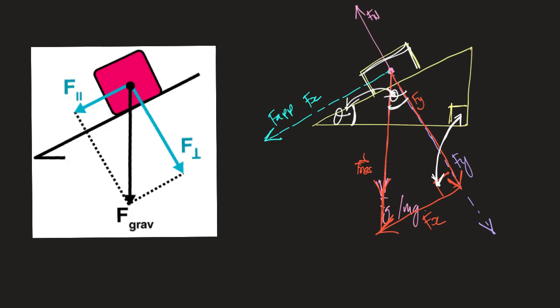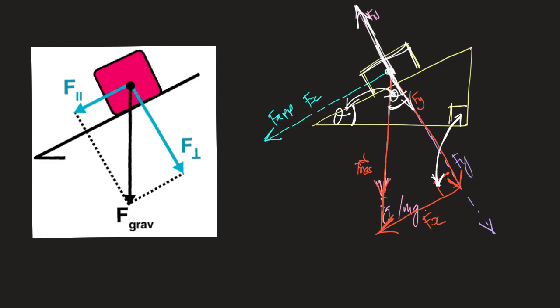So when I'm looking at this type of setup, I must make sure that I draw my MG and my FN. Then I must draw in my opposite and my adjacent. My opposite goes perpendicular here, like that, right? And then I must draw my F parallel to the surface of the incline that forms a head to tail kind of diagram.